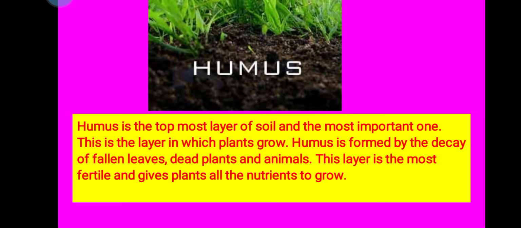And then they get mixed up in the soil. This organic matter helps the plant to grow properly. Any kind of soil which does not have a good amount of humus will not be good for plants to grow.